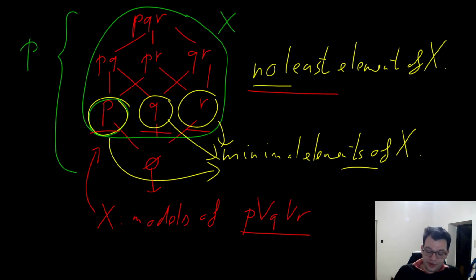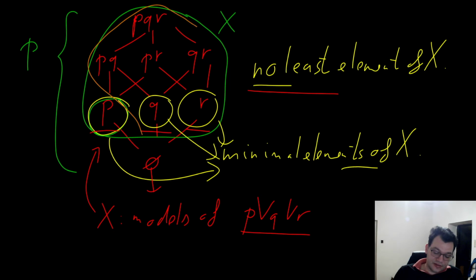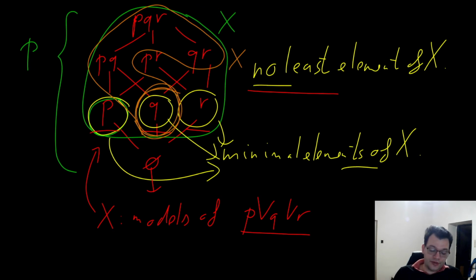And for example, if it would happen that there is a least element, like if these 4 elements, those containing Q would be the set X of models, then of course there would be one and only one minimal element of the set, and in that case it would be absolutely a unique choice.